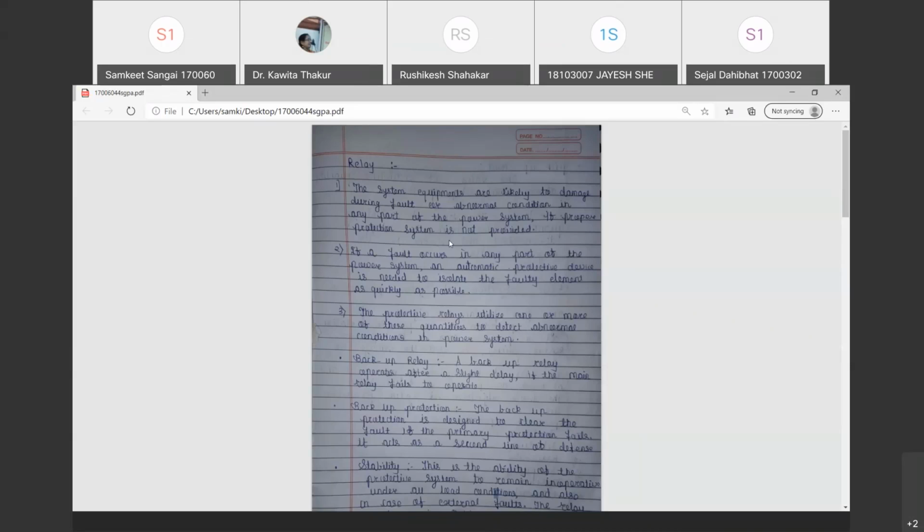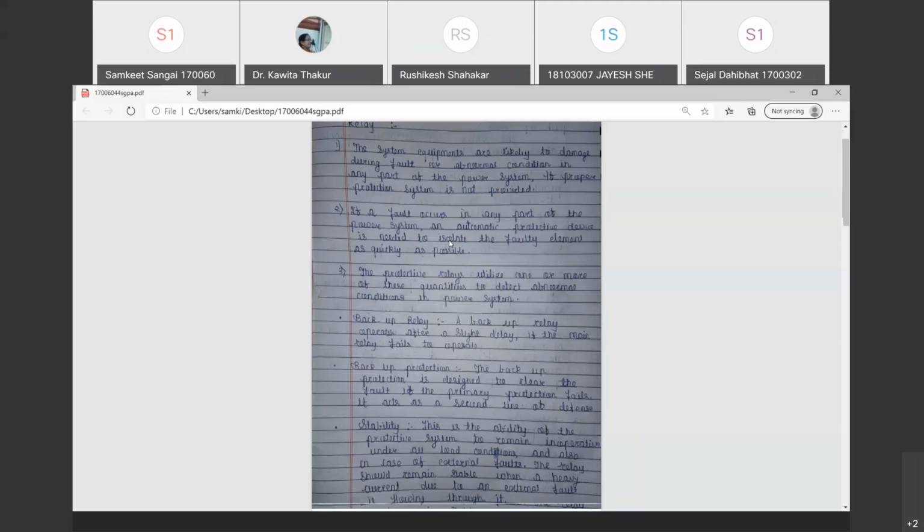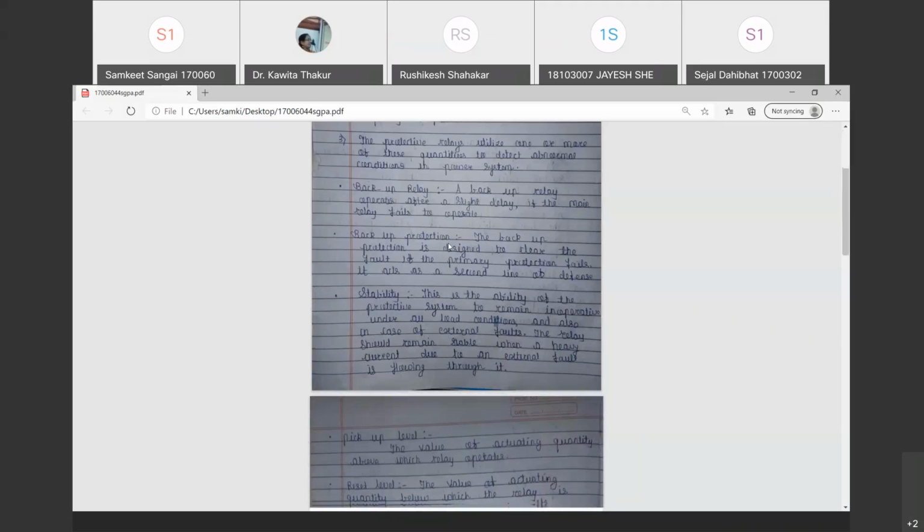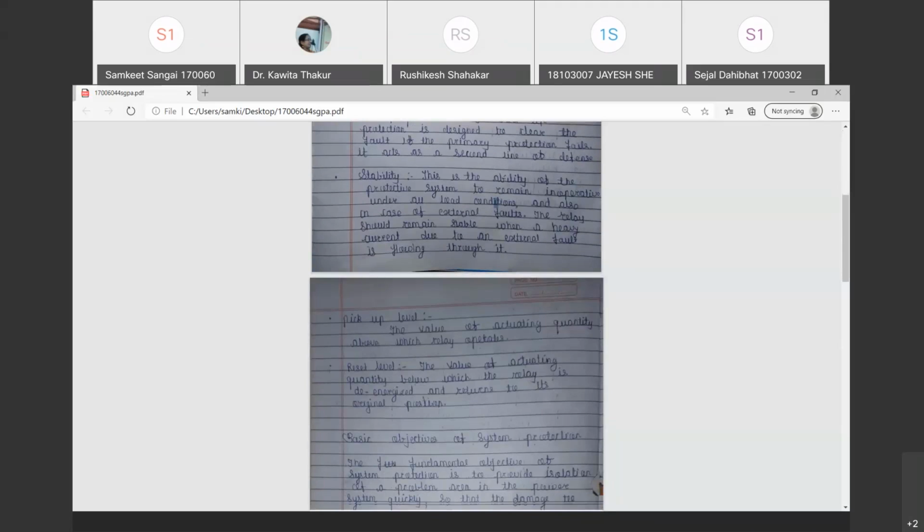Then, sir, there are some properties of the relay. The properties of relay are speed of operation. The relay should operate as quickly as possible to isolate the fault from the faulty zone.